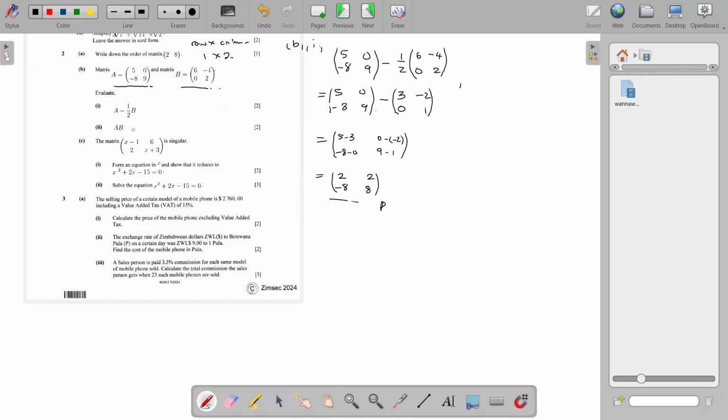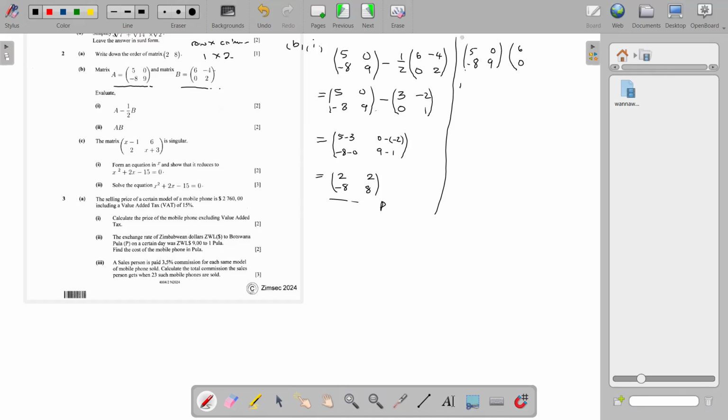Then we go to AB. AB means we are going to multiply the matrices. A is 5, minus 8, 0, 9, which is multiplying matrix B, which is 6, 0, minus 4, 2.